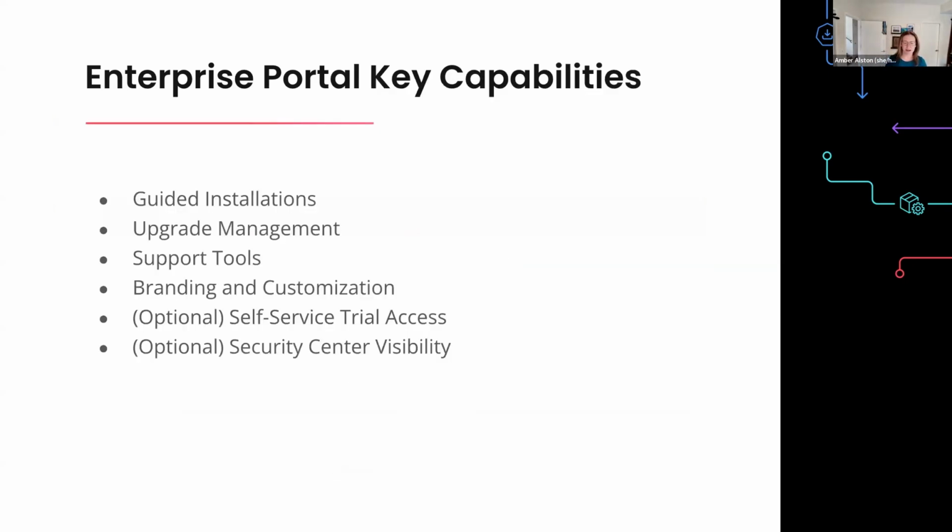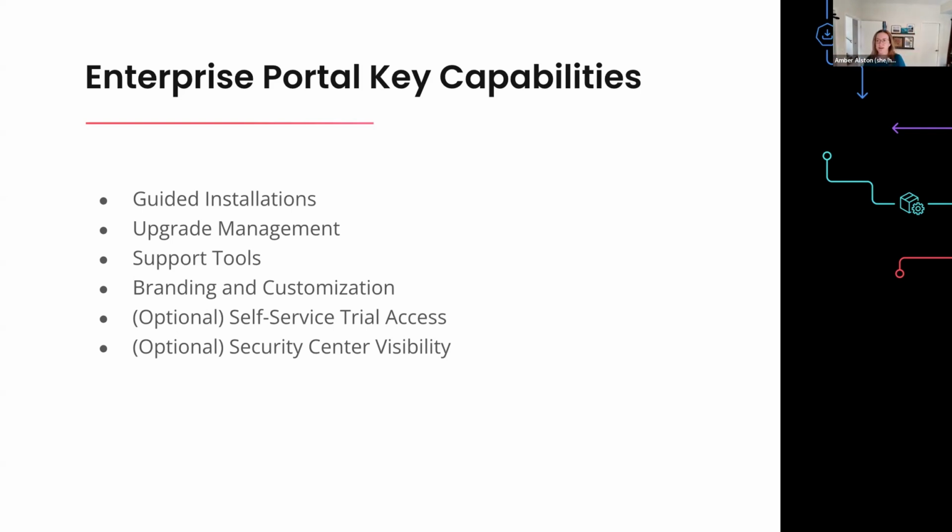So just touching on some of the things you can already do today, if you're not yet using Enterprise Portal or you're not fully using Enterprise Portal, we'll talk through all of these at a high level. As Alex showed a little bit of, you get guided installations. We'll talk a little bit about how you can control that as well. You can come and actually see the need to upgrade and manage your upgrades from there.